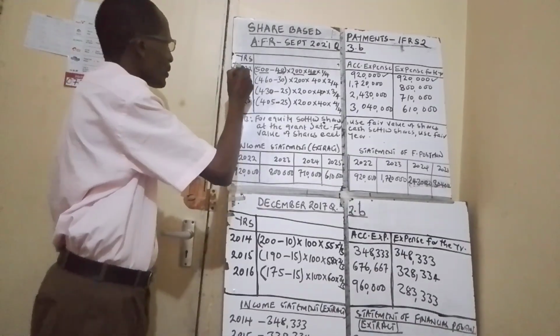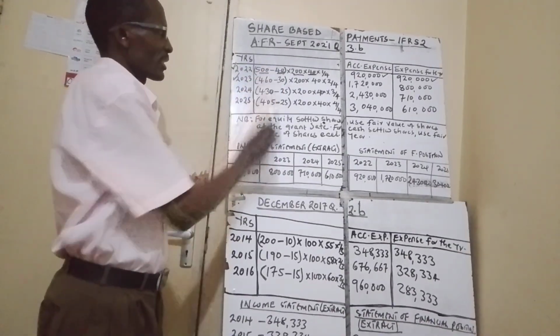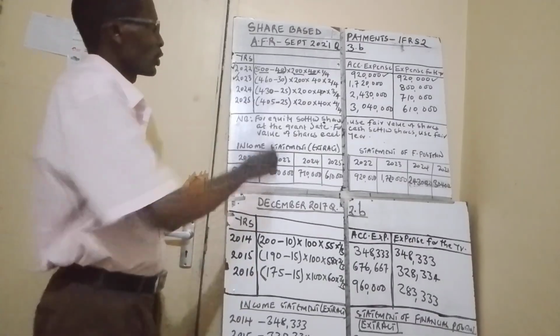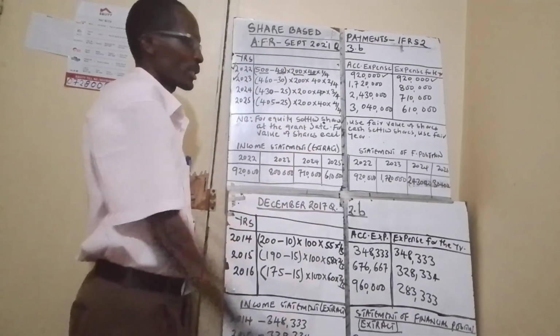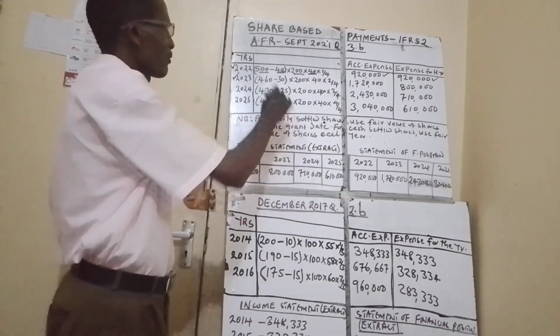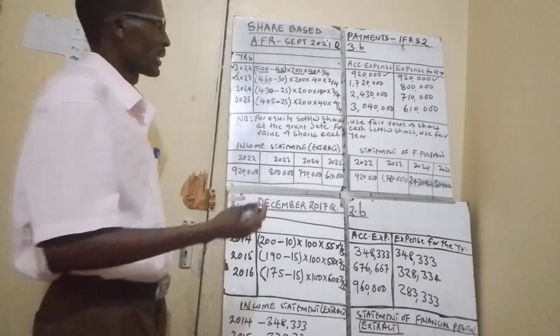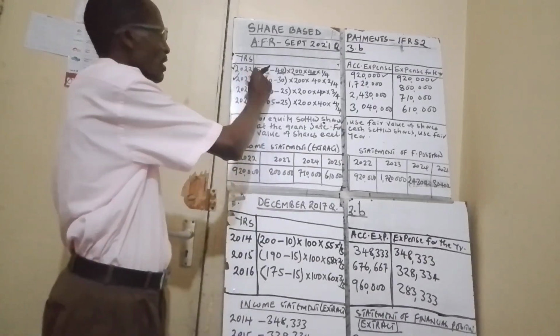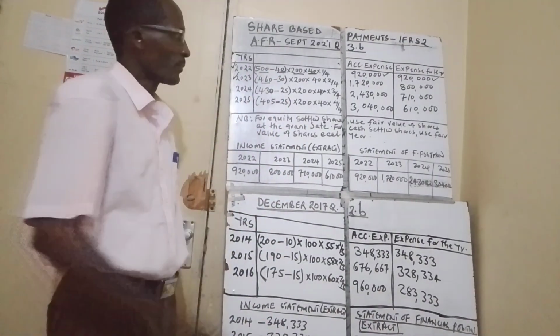When we go to 2023, the number of employees that you expect to have: because you have 500 employees, 40 are expected to leave. So you'll be left with 460 by the start of the second year. That was 500 minus 40, you get 460.